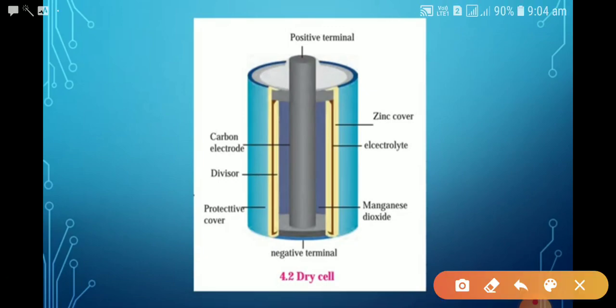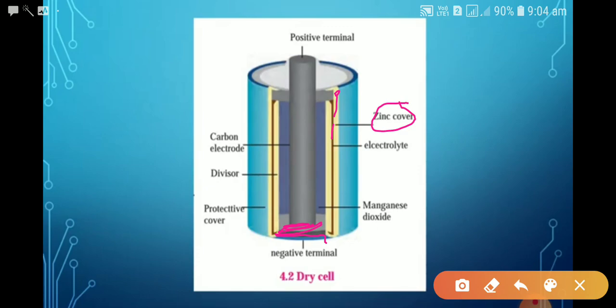If you remove the outer coating of this dry cell, then inside you will find a whitish metal layer. This is the zinc metal layer. When you open it, you will find a zinc cover, whitish in color.